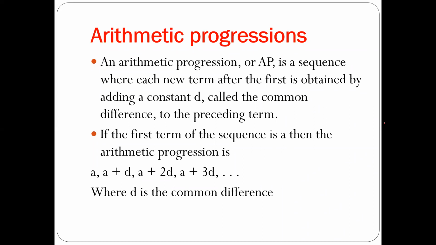Arithmetic progression is a sequence where each new term after the first is obtained by adding a constant d called the common difference to the preceding term.